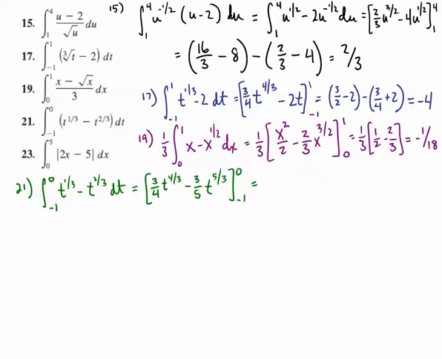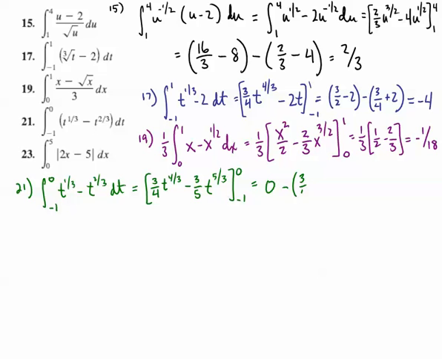Fortunately, when I plug in a 0 there, that's all going to go away. We have a 0 minus, and plugging in negative 1 to t to the 4/3. So cube root of negative 1 is negative 1, but raised to the fourth power is going to give us a positive 1.